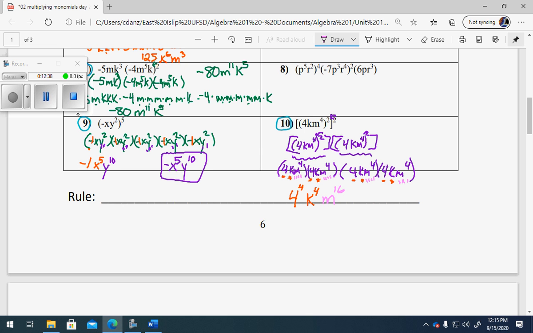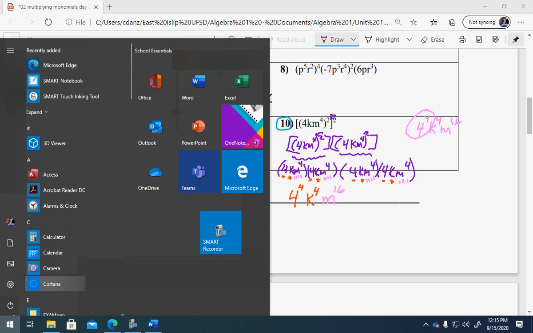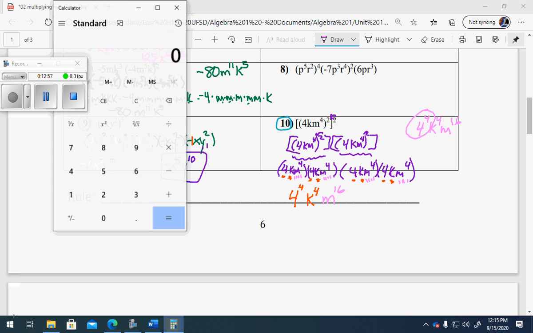Final answer, I can write it as 4 to the 4th, k to the 4th, m to the 16th, or since these are numbers, I can actually evaluate 4 times 4 times 4 times 4, which is 256.